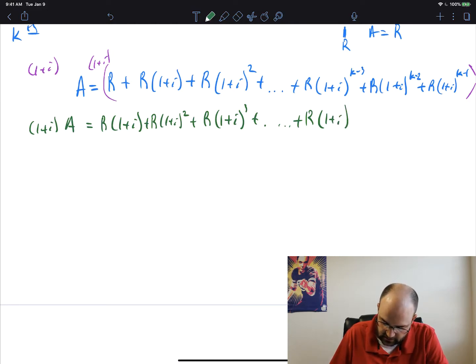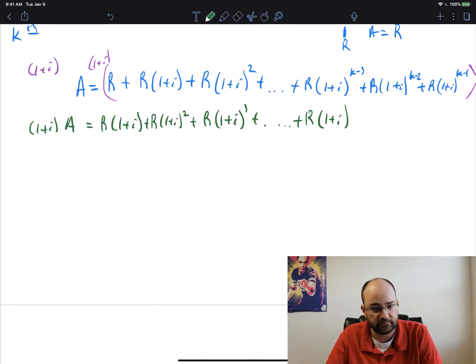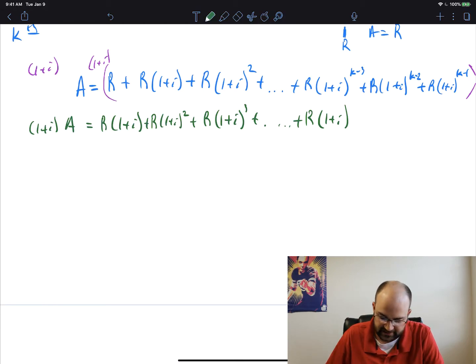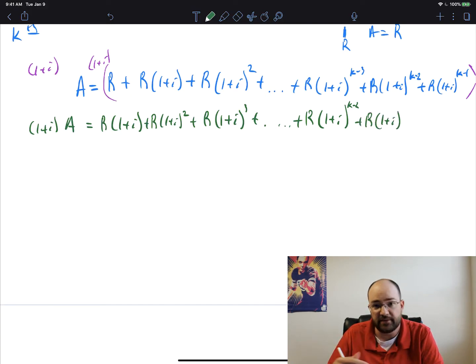and then R times 1 plus I to the, now K minus 3 plus 1 for the exponent, because notice that all I'm doing is adding 1 to these exponents. So K minus 3 plus 1 would be K minus 2. And then plus R times 1 plus I to the K minus 2 plus 1 will be K minus 1.